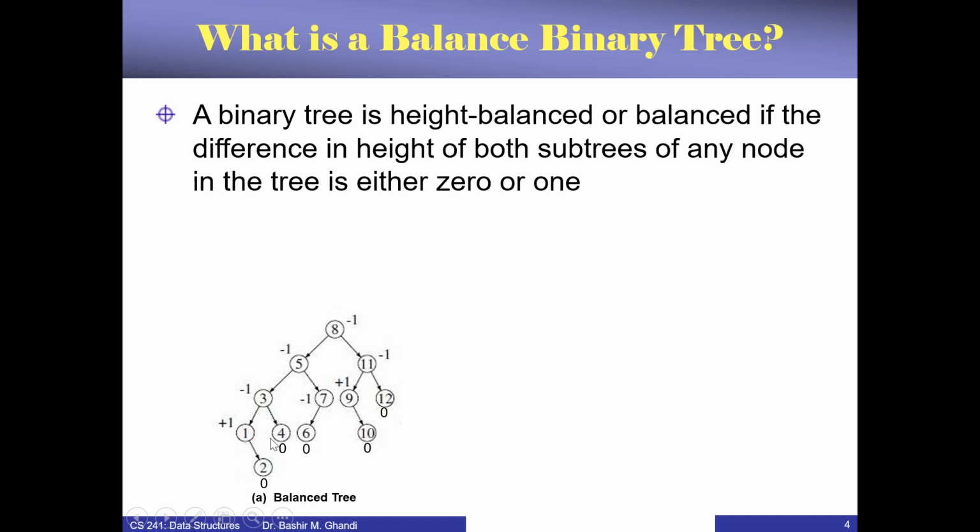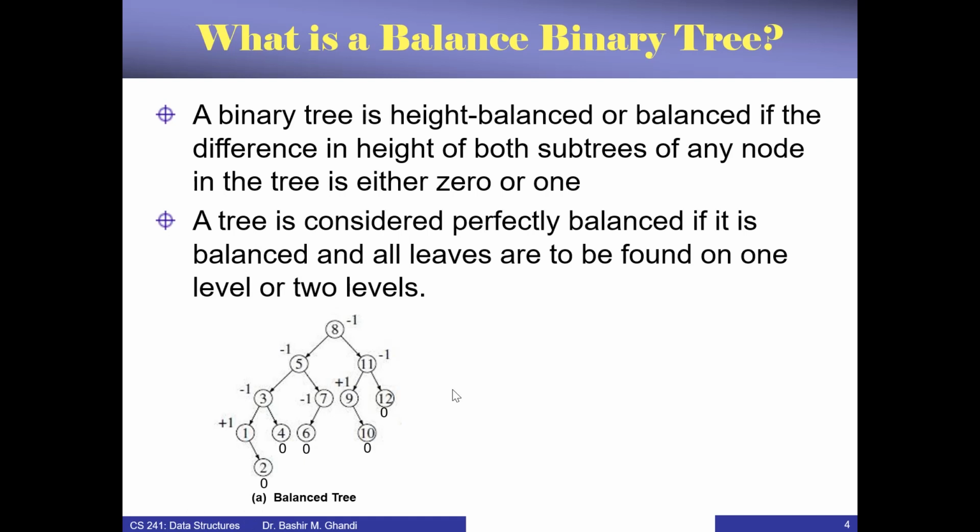The leaf nodes, of course, have height 0, so there is no left or right, and the difference in height is 0 for all leaf nodes. So once the balance factor, the difference in height, is not more than 1, meaning it is minus 1, 0, or 1, then the tree is considered to be balanced.